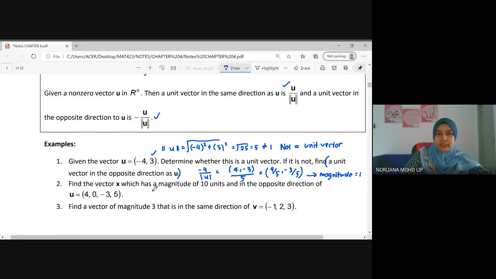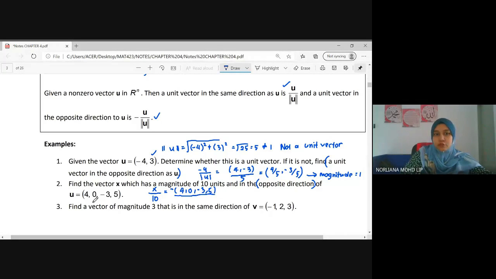We can make an equation: the vector x over the magnitude of x, 10, equals u over the magnitude of u. u is 4, 0, negative 3, 5, but here they want the opposite direction, so we need a negative here.